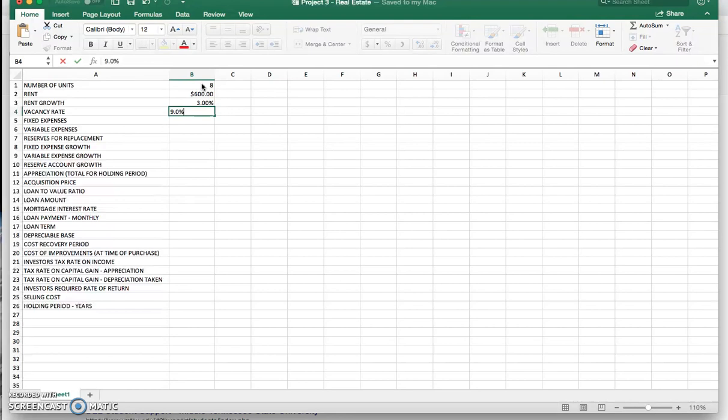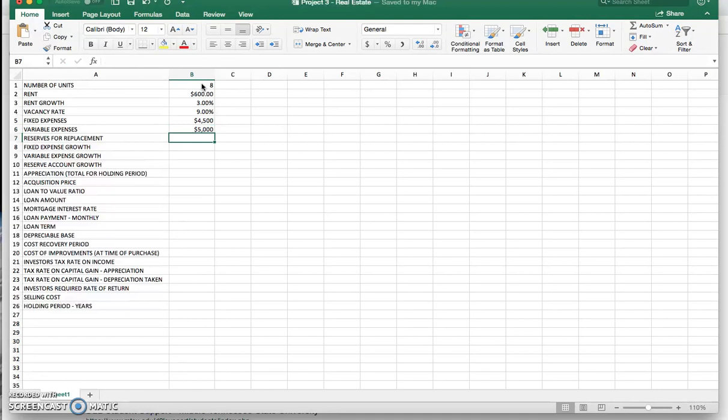I'm going to go back through after and format all the numbers so that the decimal places are consistent. Fixed expenses are going to be $4,500. Variable expenses $5,000.